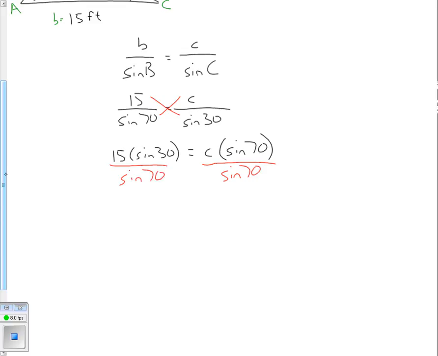When I divide both sides by sine 70, that means that on the right-hand side of the equal sign, the two sine 70s cancel each other out, so I'm just left with C. And on the left-hand side, I can multiply 15 times sine 30 divided by sine 70, which will give me approximately 8 feet. Okay? So therefore, the length of that third rafter, or of the short rafter, is approximately 8 feet long.